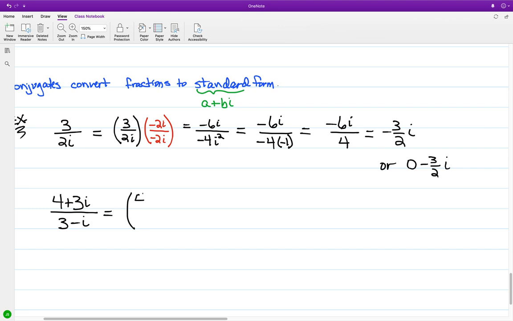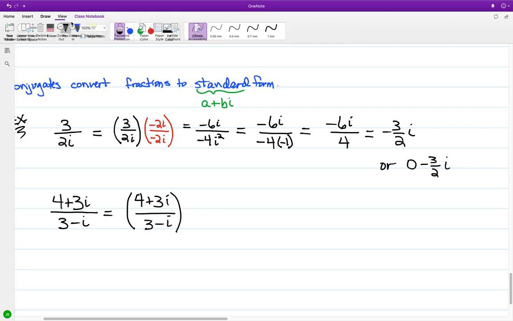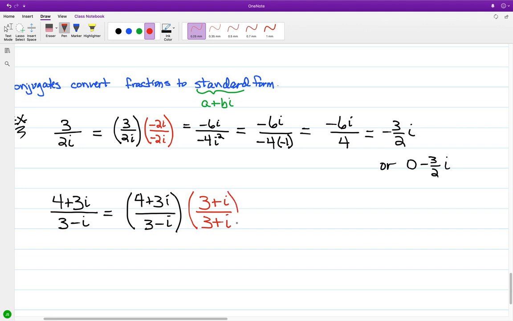So I have here 4 plus 3i over 3 minus i, and for the conjugate of the denominator, that's going to be 3 plus i, and I'm going to multiply this ratio by 1 in the form of 3 plus i over 3 plus i.